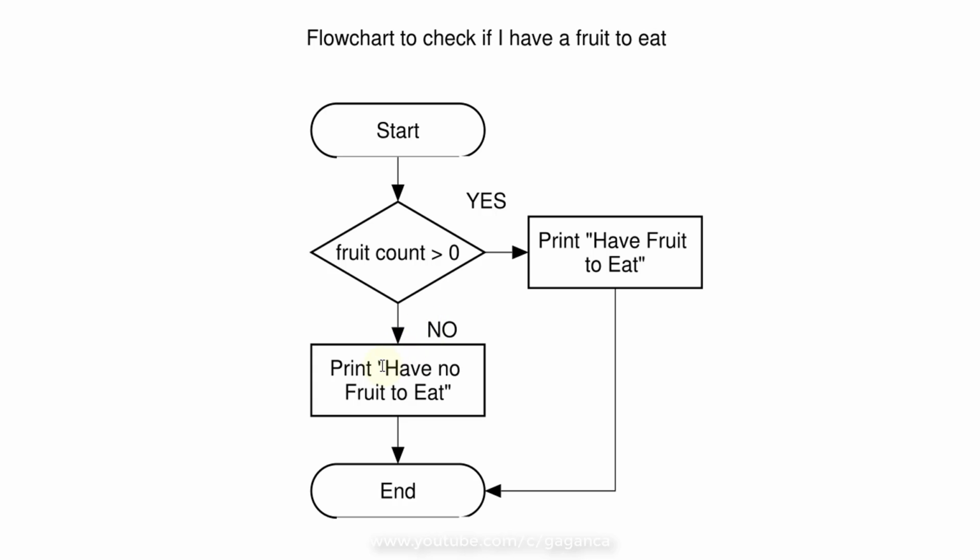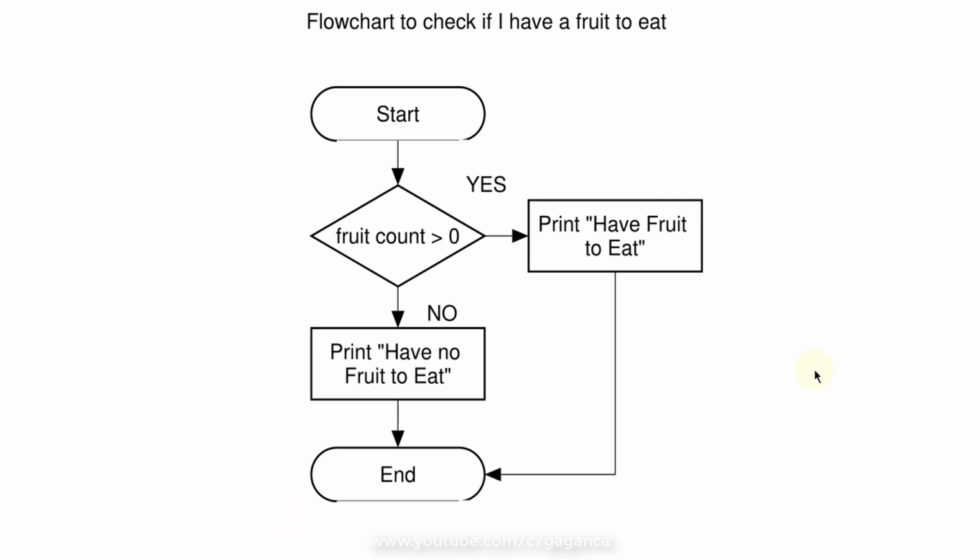If not, then I will have no fruit to eat. At the last, the program execution will reach the very last statement. Every diamond shape in the flowchart represents a condition in the program. In this case, it represents an if statement. So the if statement is a flow control statement.